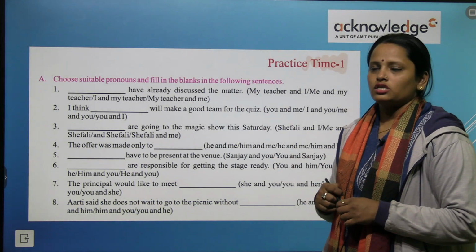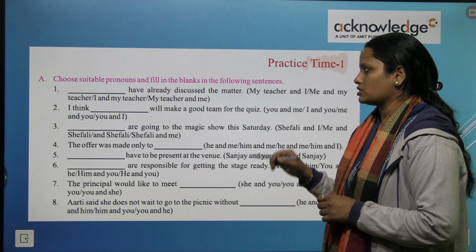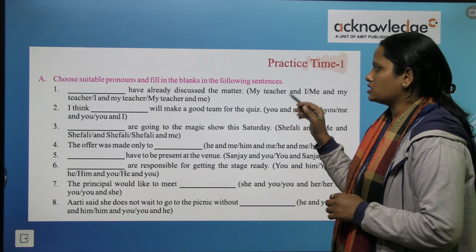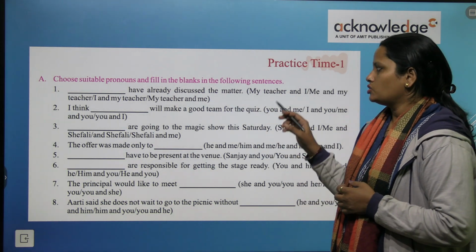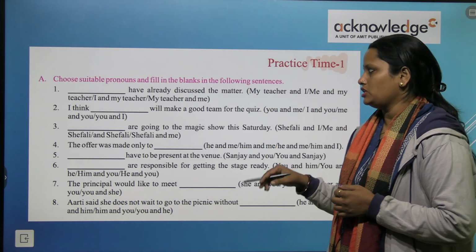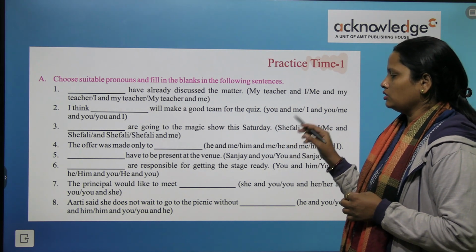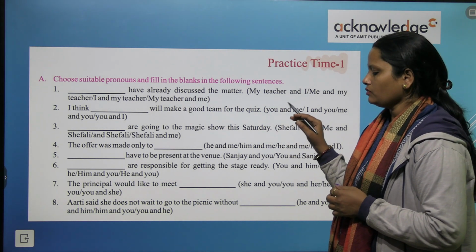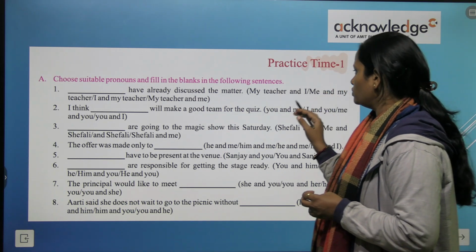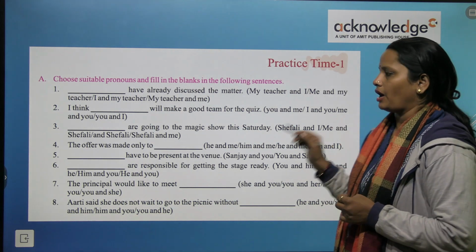Now choose suitable pronouns and fill in the blanks with the following sentences. So here dash have already discussed the matter. So यहाँ पे my teacher and I, me and my teacher, I and my teacher, my teacher and me. So here what we have to use? So here we are going to use: my teacher and I have already discussed the matter.